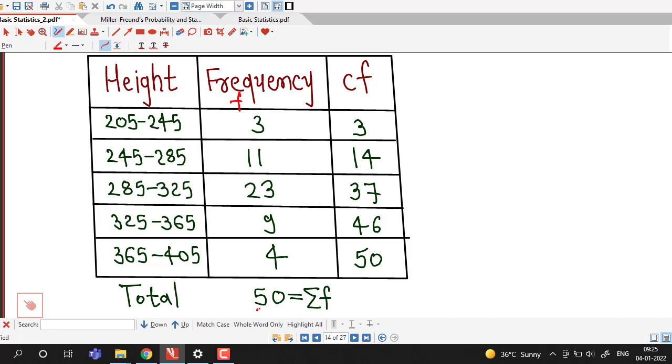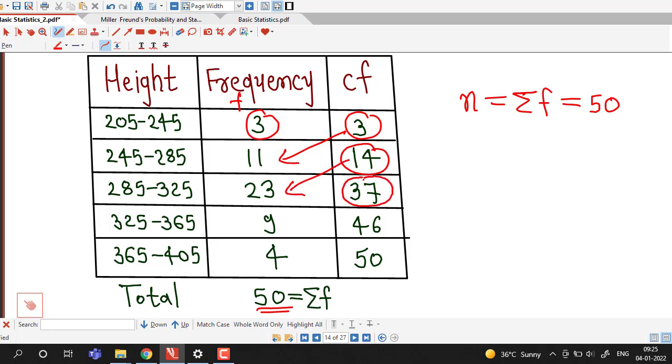If we take sum of all these frequencies, we have n equal to sigma f, which is 50. I have written cumulative frequencies here. First frequency as it is, then addition of these two is written here. Addition of these two is 37 plus 9, 46, and this is 50. So this must be equal to sigma f.